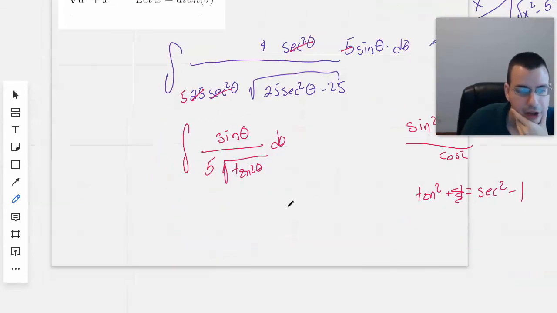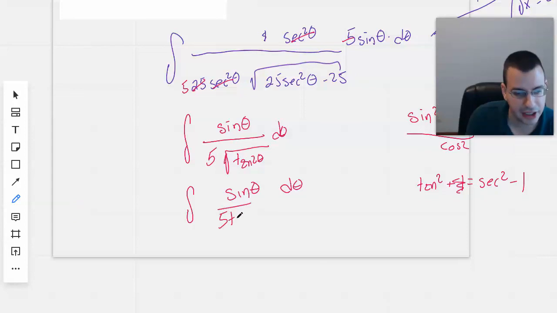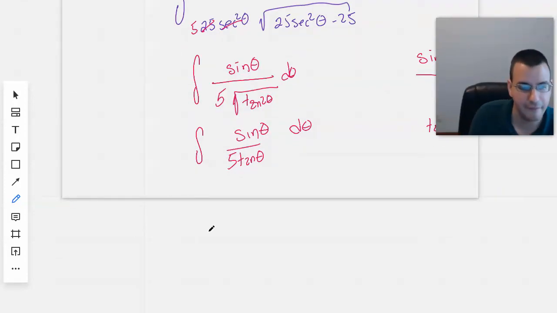Okay. And make it a little bit prettier one more time, maybe 2 more times. Sine of theta, d theta, 5 tangent of theta. And we know that tangent of theta is sine over cosine.